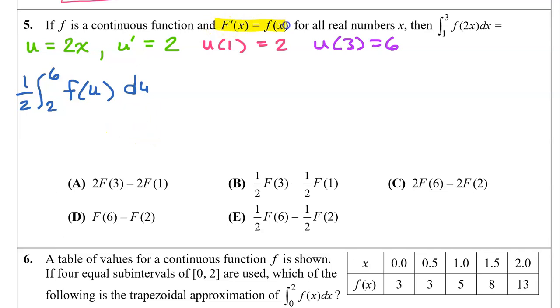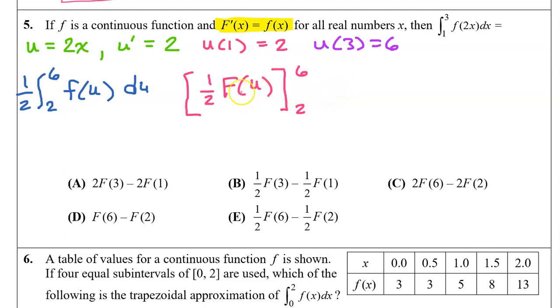Again, this statement right here is telling us to call the integral capital F. So that's what we are going to do. So when we take the integral, the f of u becomes capital F of u. And we still have the 1/2. And we need to evaluate using the limits of integration, so from 2 to 6.